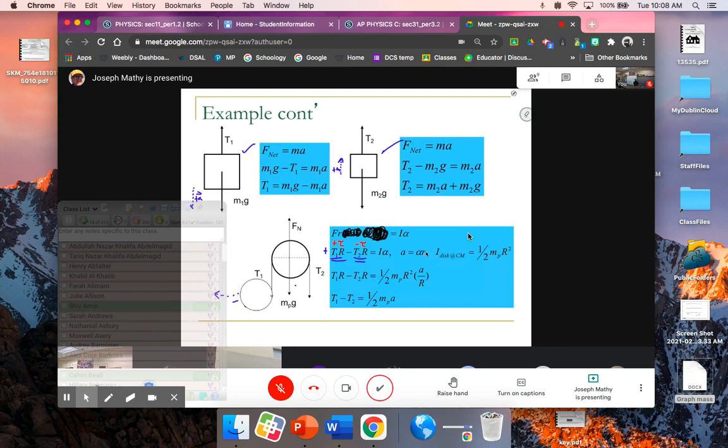Because this object is spinning, it ends up getting its own alpha. Good job. Well, this object here also has some value for I, and we're going to use the I for a solid disk because it's a pulley. So we're left doing substitutions, but not for TR. We're not doing substitutions for TR.